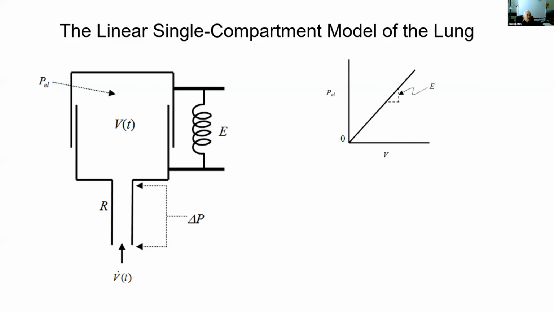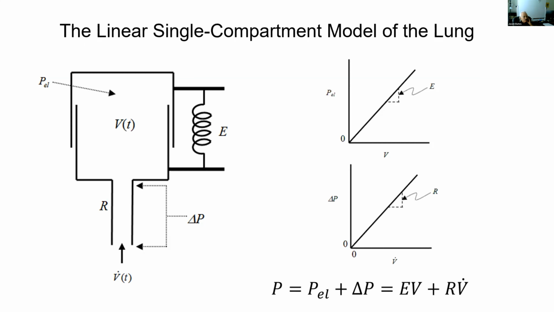And if we were to look at the relationship between the elastic pressure in that unit and the volume applied to it, we would get a straight line going through the origin. That line is characterized by a single parameter, namely its slope, and we call that E, or the elastance of the lung. And the same thing for the pressure drop delta P across that conduit, giving us the resistance of the conduit.